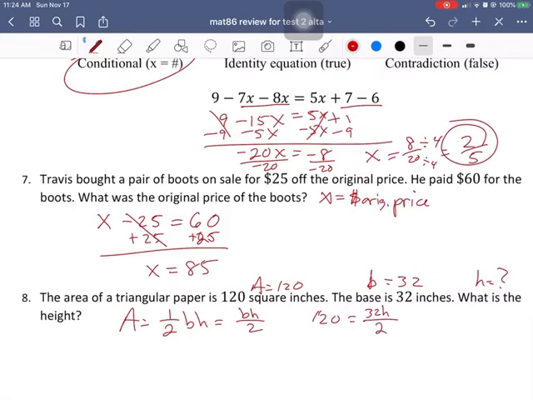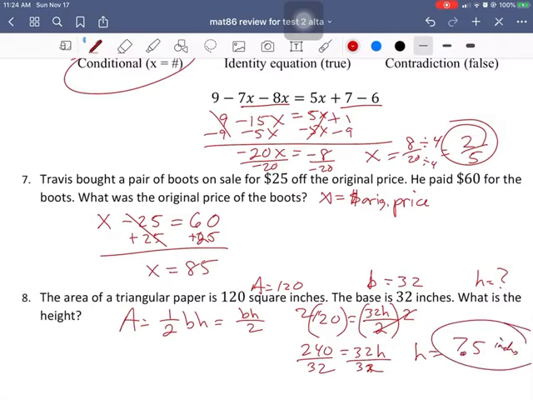That's how I like to write them. I just find it easier. So then I'm going to clear the fraction and divide by the 32. And that would be inches. There's the dot there, 7.5. Okay.